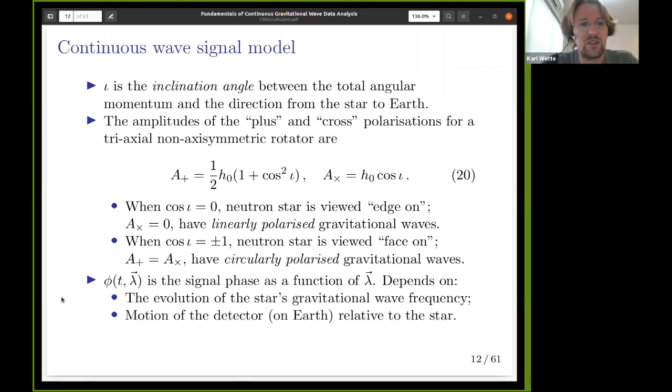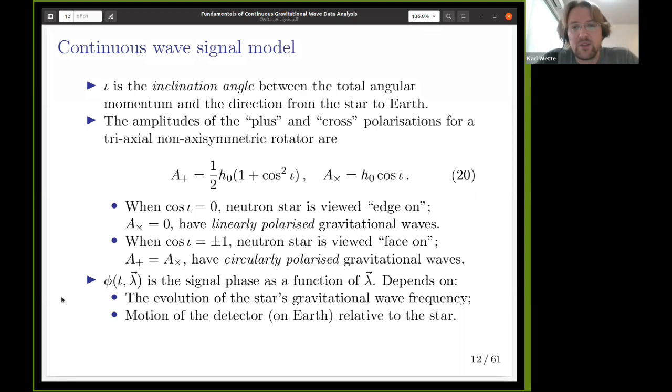Here it's the angle between the total angular momentum of the neutron star and the direction from the star pointing towards Earth. When the angle is 0, the vector is pointing directly at us, and when it's 180 degrees, it's pointing directly away from us.